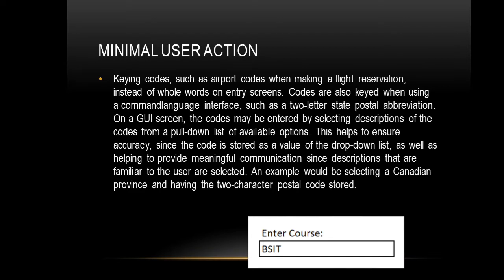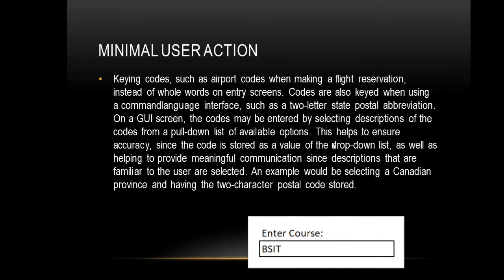This also helps ensure accuracy, since the code is stored as a value of the drop-down list, as well as helping to provide meaningful communication, since descriptions that are familiar to the user are selected. An example would be selecting a Canadian province and having the 2-character postal code stored.